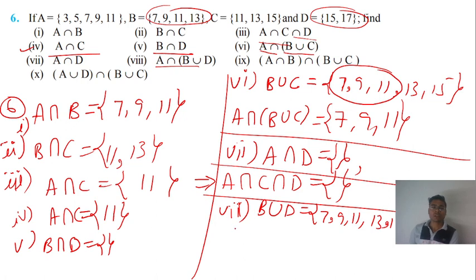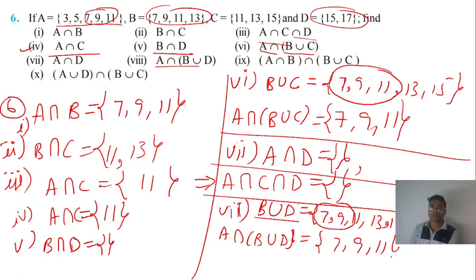So after writing B union D, you will write A intersection (B union D). So now you will have to find common elements between B union D and A. These sets have 7, 9, 11. So you write {7, 9, 11}.